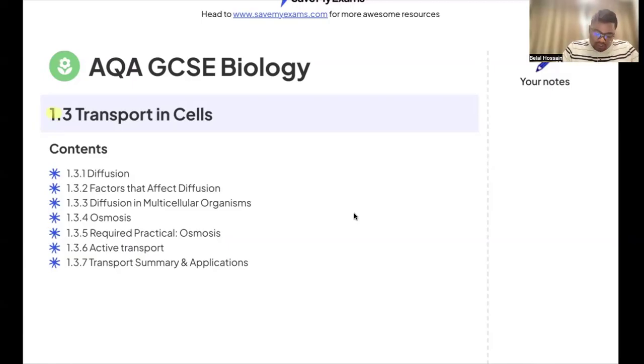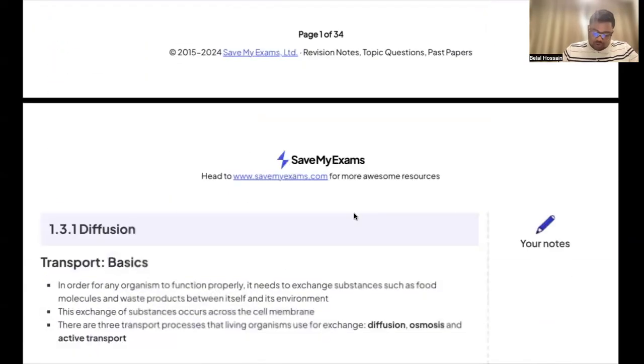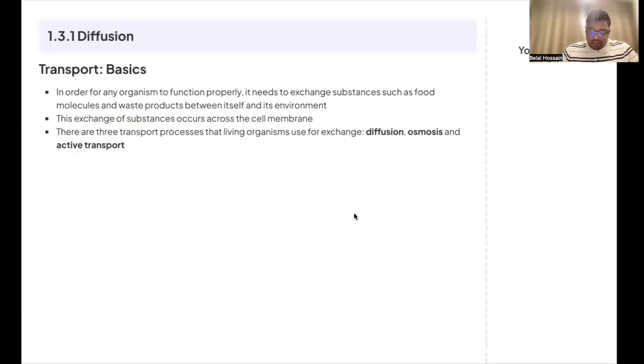So we're starting with transport in cells today. The first thing we will talk about is diffusion. The definition of diffusion is very important. In the transport of cells, there are diffusion, osmosis, and active transport. Understand that diffusion is the diffusion of all substances.